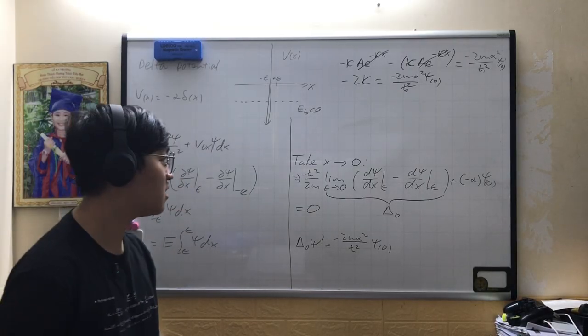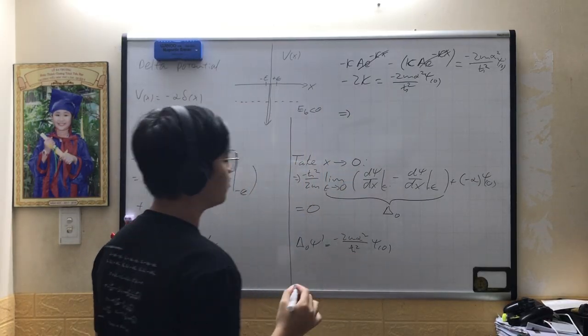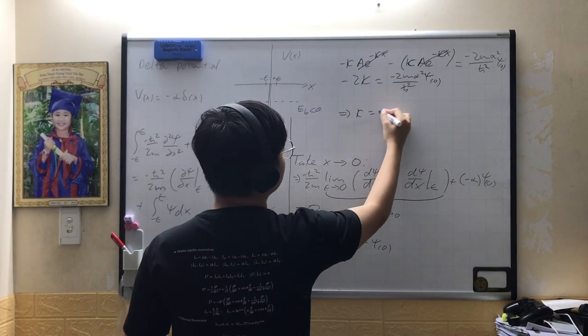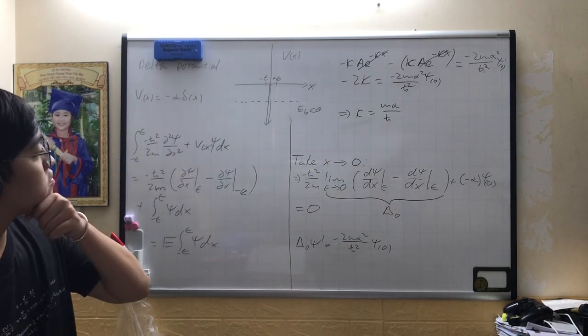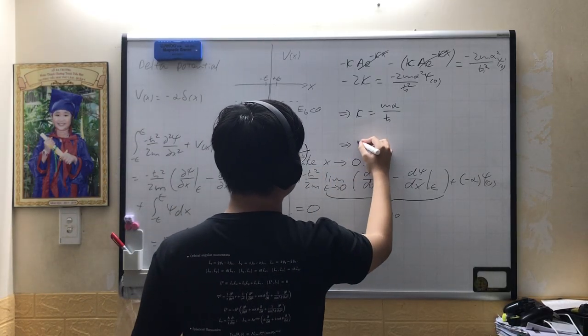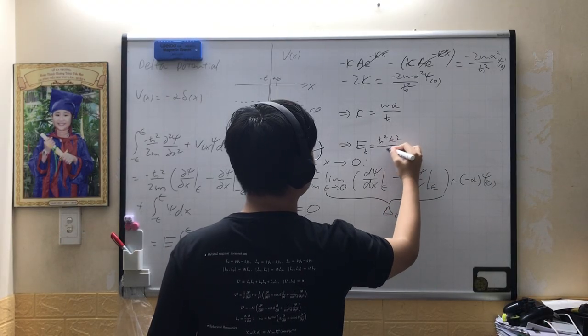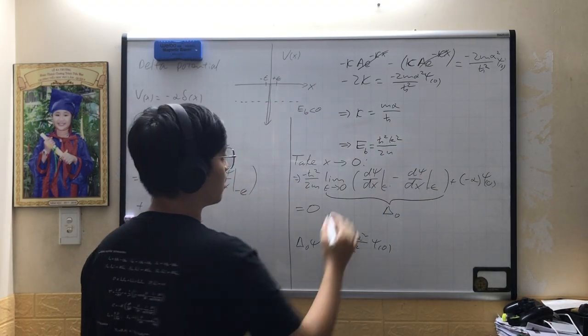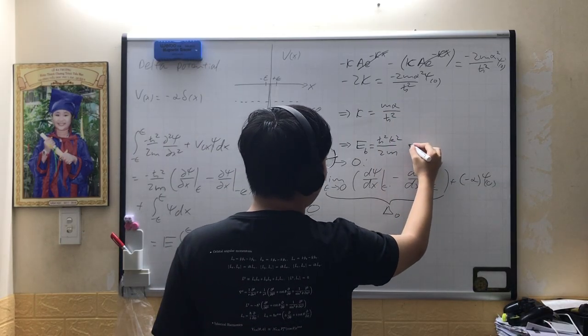Now you isolate the kappa and you find the energy, your bound energy. Now this guy is m alpha over h bar. And now you would get your energy, which is E bound, h bar squared k squared over 2m. Okay, no, this guy's h bar squared, sorry.